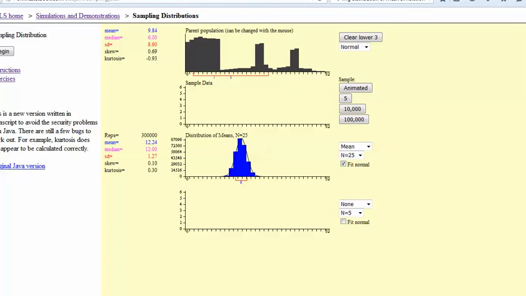Let's try that one. Once again, we'll stick with 25, we'll go 100,000 again, and lo and behold, our distribution of means stays normal. That's a really neat thing, and you'll also notice that we have a nice lineup with the mean of our parent population.